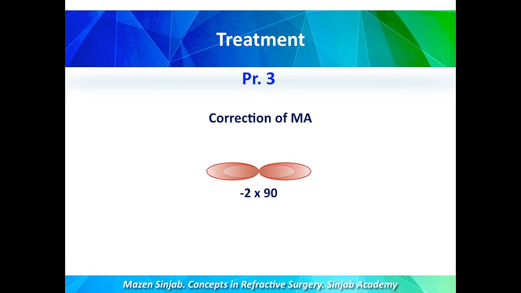If we treat the manifest astigmatism, we are going to reduce the topographic astigmatism, and the postoperative manifest refraction will be 0, and the postoperative topographic astigmatism will stay against the rule and has been reduced.